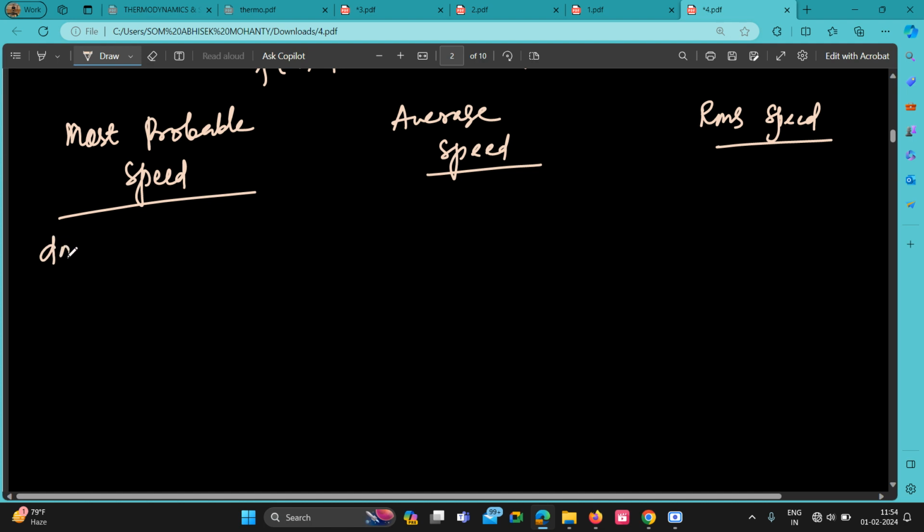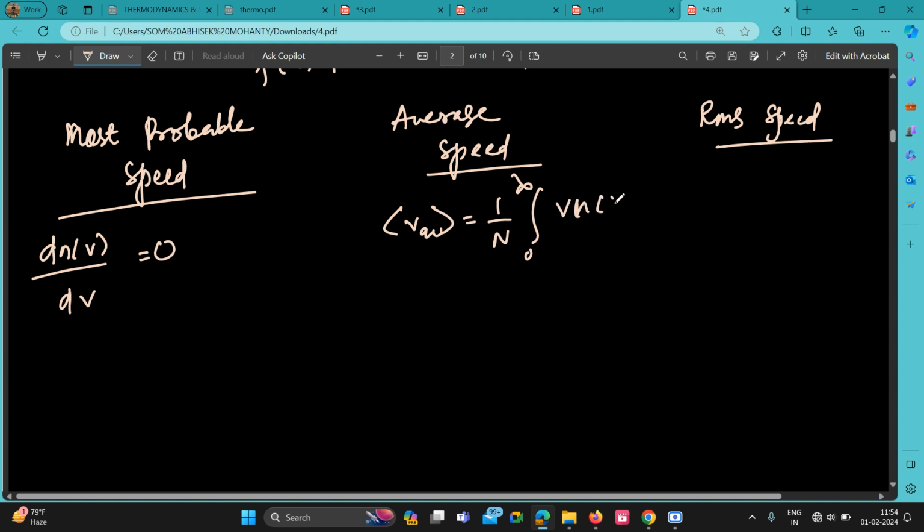Most probable speed is given by dN(v) by dv equal to 0. Average speed: v average is 1 by N times the integral from 0 to infinity of v N(v) dv. RMS speed: v RMS is equal to the root of v square mean. Okay.